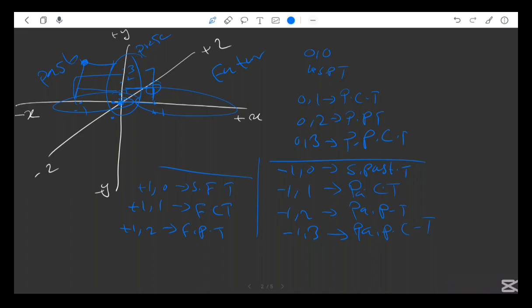And +1 and 3 is the future perfect continuous tense. So in terms of graph, we can show where the tense, where the time is located, right?